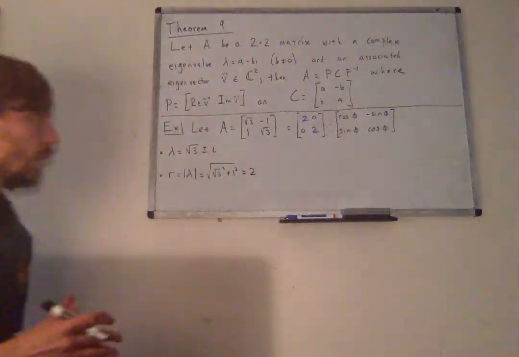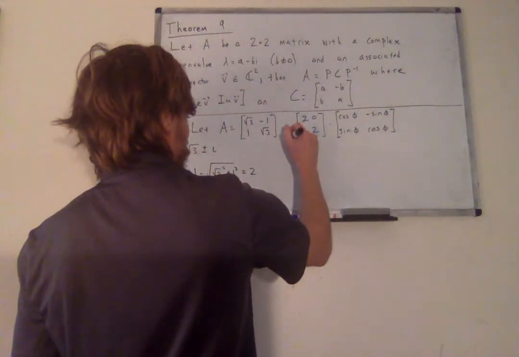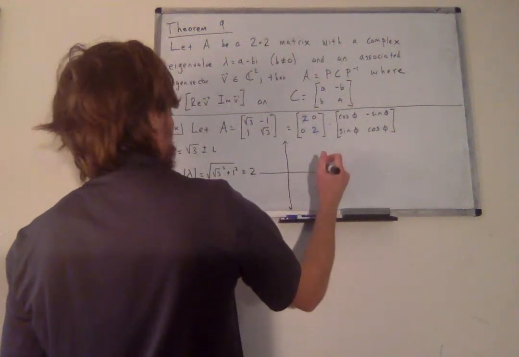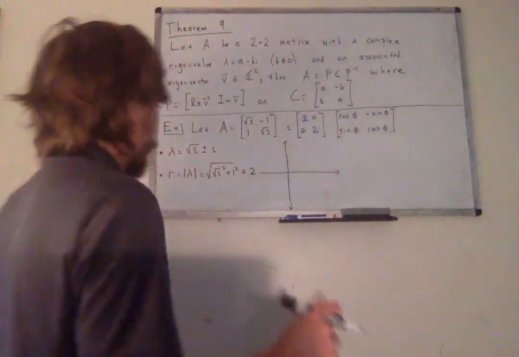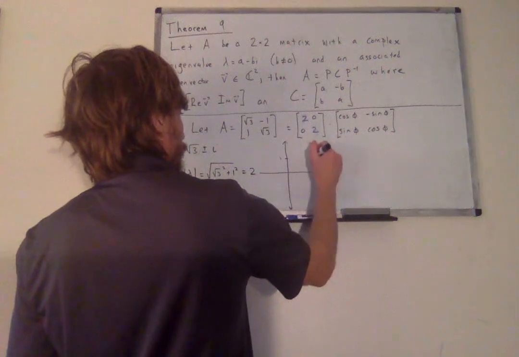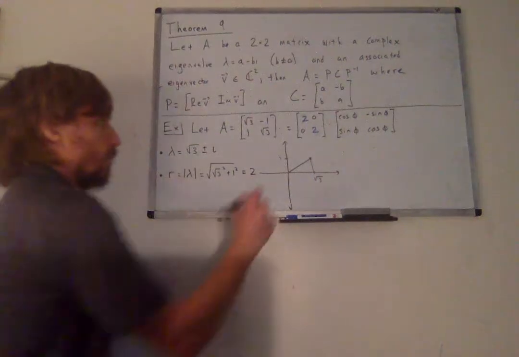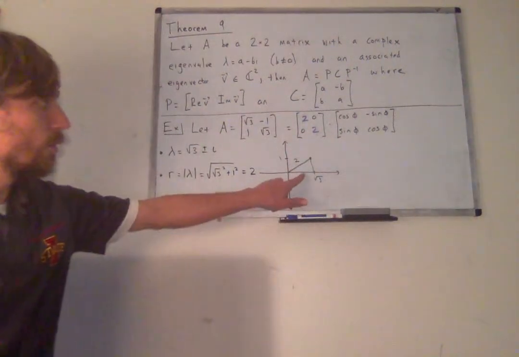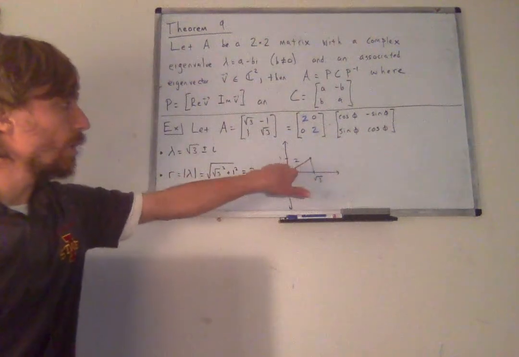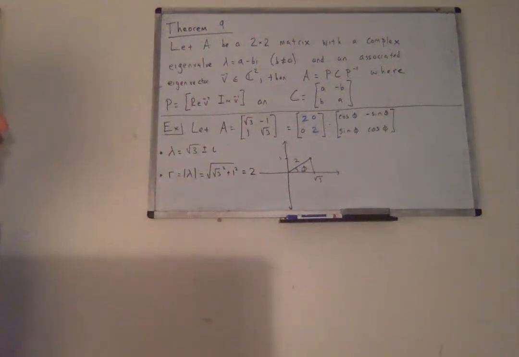Now remember, we want to find this angle phi. To do this, I like to draw a picture to remind myself exactly what's going on. We look at this point, root 3, 1, and remember that R is equal to 2. So this is a triangle with x length root 3, y length 1, hypotenuse length 2, and the angle phi goes there.